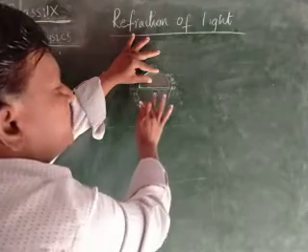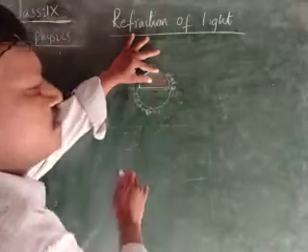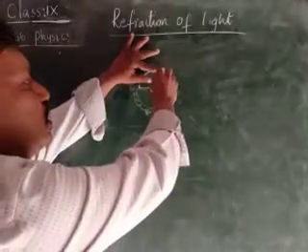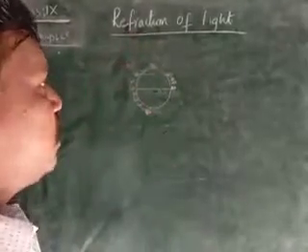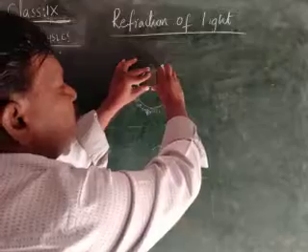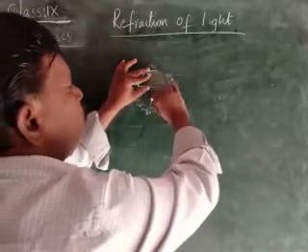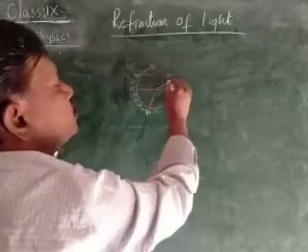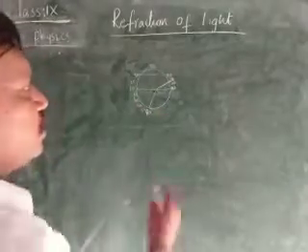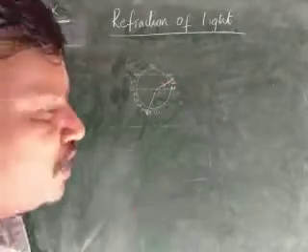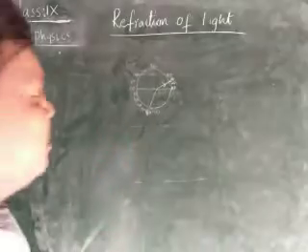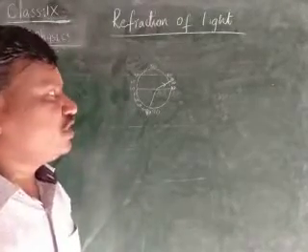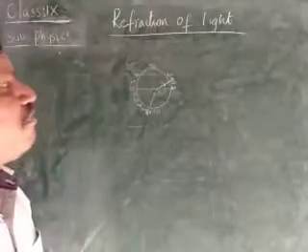If you are making it incident at 80, refraction takes place, children. The light ray won't be straight. Somewhere it will be like this. It will be in a different direction, children. Therefore, that gives the refraction of light.